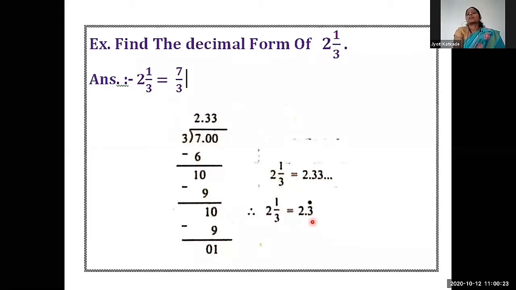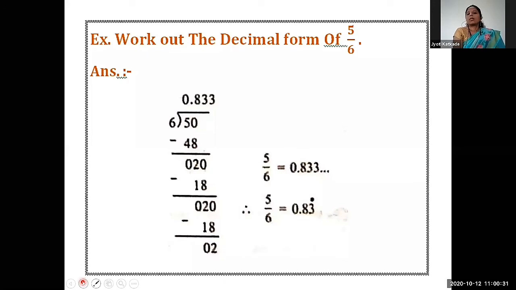Okay, see the next example. Work out the decimal form of 5 upon 6. When we divide 5 by 6, we can't divide because 5 is a smaller value than 6. So take 0 point.